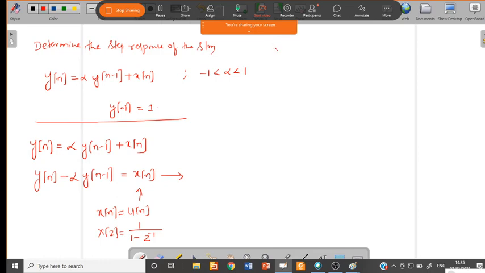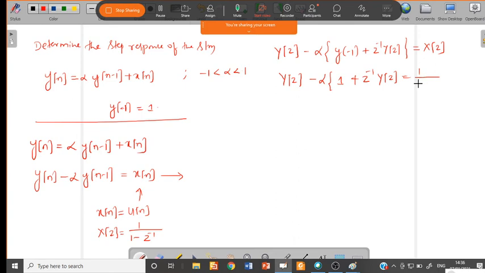and now take the unilateral Z transform for this. So you will get y of z, so minus alpha into y of minus 1 plus z inverse into y of z, which is equal to x of z. So x of z is given by 1 over 1 minus z inverse. So now y of z minus alpha into, what is y of minus 1, which is nothing but 1, plus z inverse into y of z, which is equal to 1 over 1 minus z inverse.